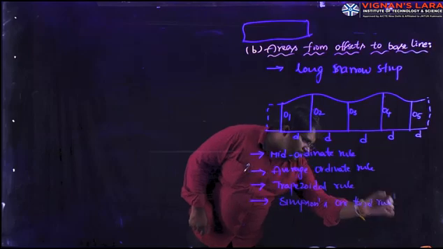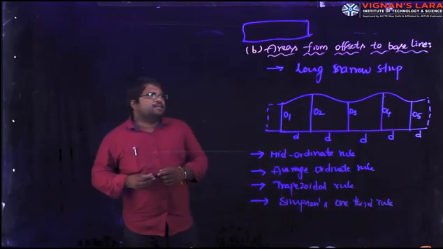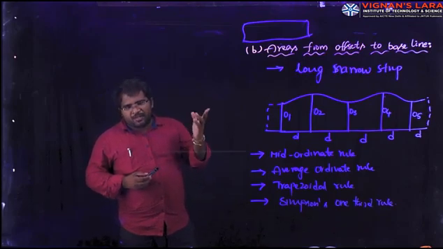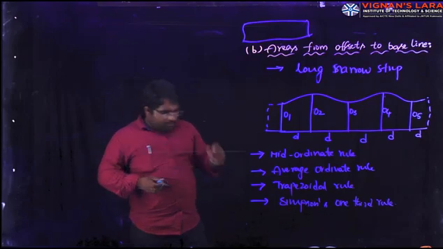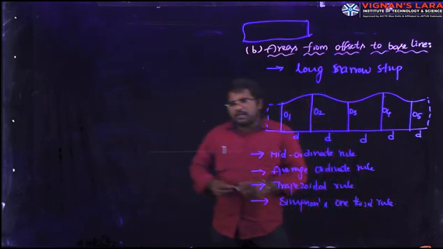These are the four important methods in the calculation of areas by drawing offsets from a baseline. Now we will see the first method, that is the mid-ordinate rule.